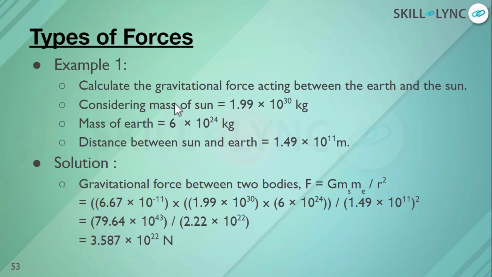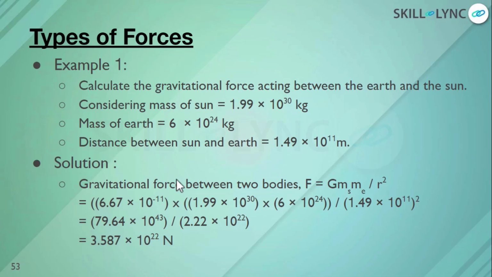So we have the mass of the Sun, which we denote by ms, as 1.99 into 10 power 30 kg. Mass of Earth, that is m2, or in our case me, is 6 into 10 power 24 kg. Center to center distance, that is r, between Sun and Earth is given as 1.49 into 10 power 11 meter.